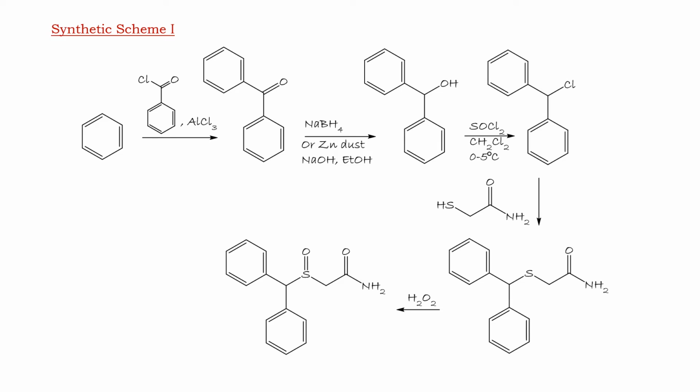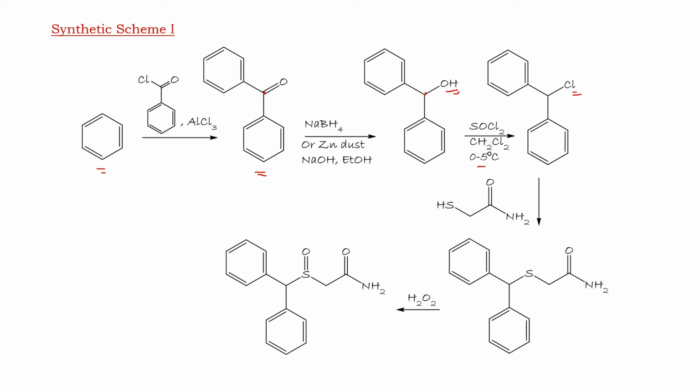Synthetic scheme 1, starting with benzene, Friedel-Crafts acylation reaction using benzoyl chloride, aluminum chloride as a catalyst, we get the benzophenone. Reducing the carbonyl using sodium borohydride or zinc dust, sodium hydroxide, ethanol, we reduce the carbonyl to the alcohol group. Replacing the OH by chloride using thionyl chloride, methylene chloride as a solvent at low temperature.